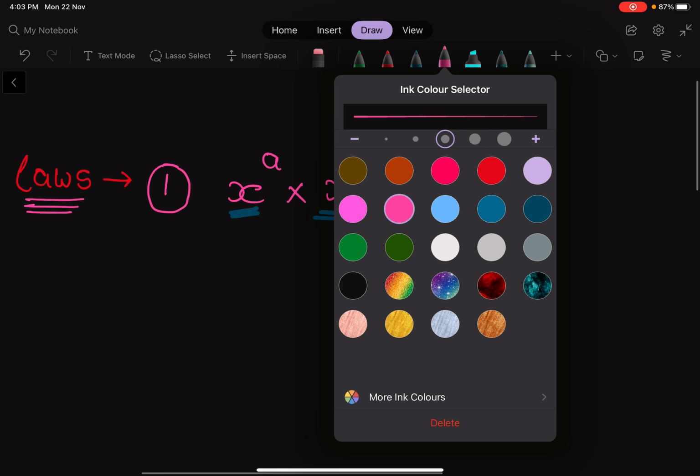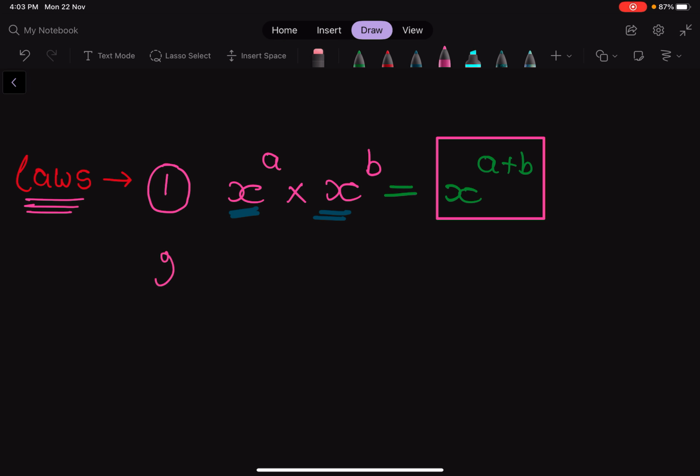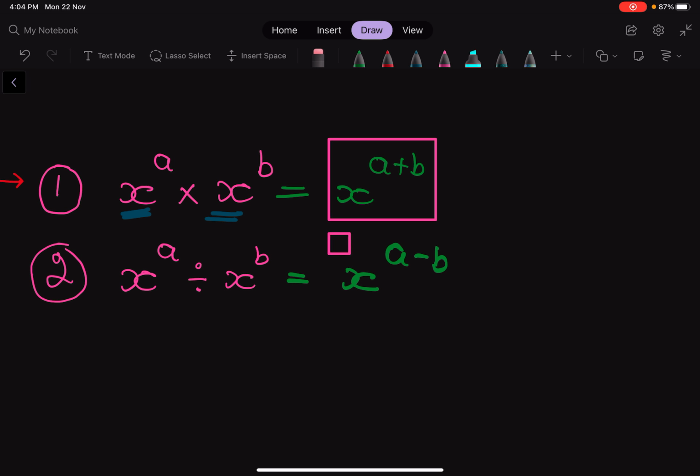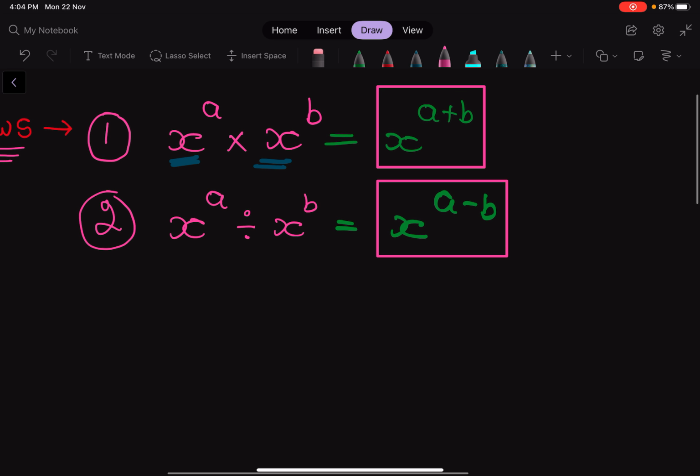Moving on to the next rule, if we have two numbers, let's say x power a and x power b, but now we divide them, so it's divided by x power b, then the result becomes x power a minus b. Okay guys, so the powers get added in the case of multiplication and subtracted in the case of division.